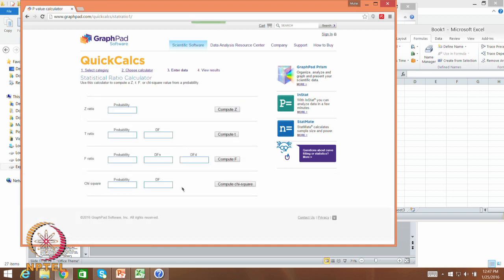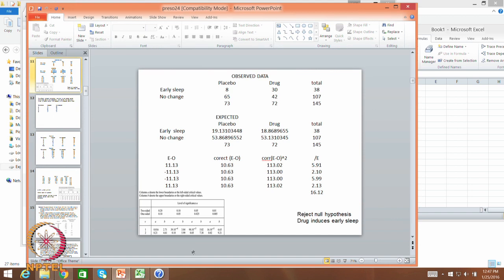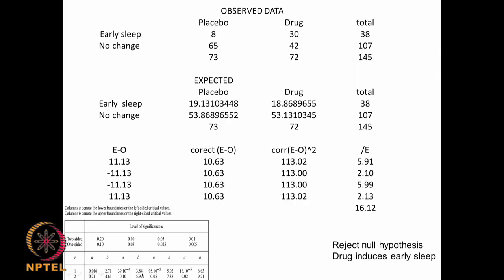So, here we have the chi-square, give the probability 0.05, the degrees of freedom is 1. So, compute chi-square, so it gives you 3.8415. So, if you look at the table here, it comes out to be 3.84.